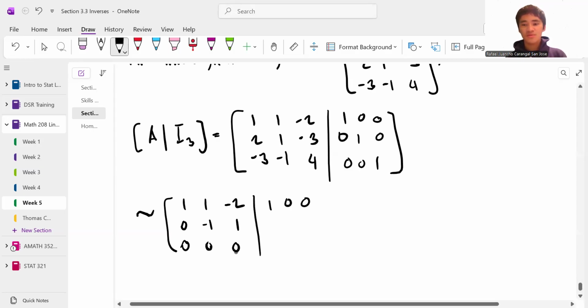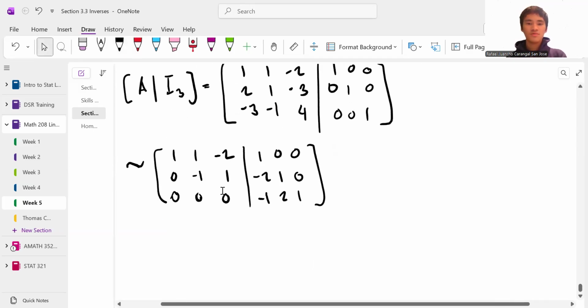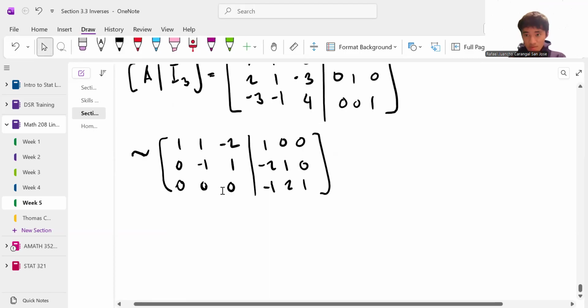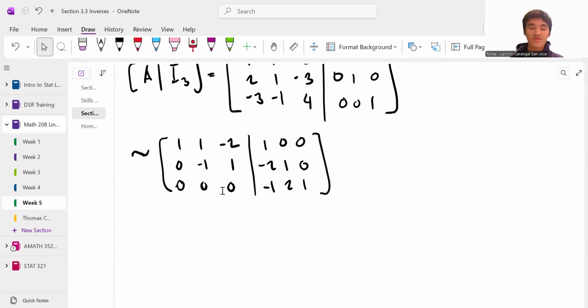I wish there was code to do this. Okay. So we're going to end up with this or something different, but we're not going to get to RREF.